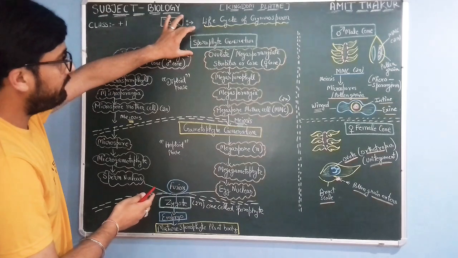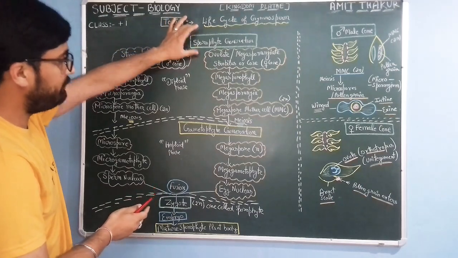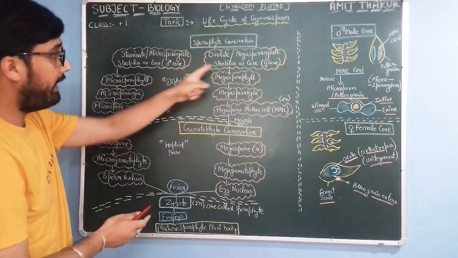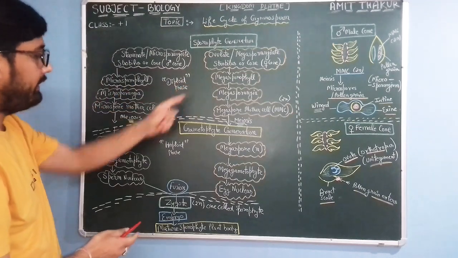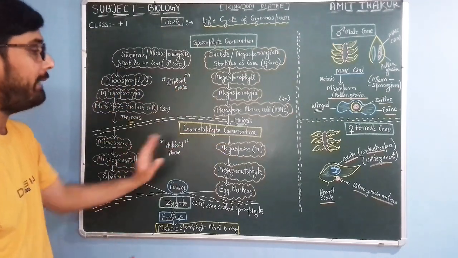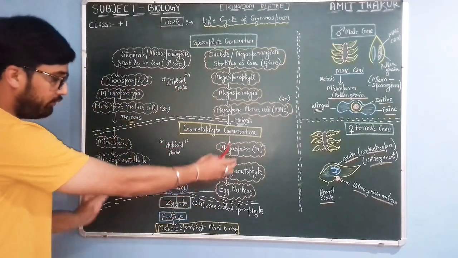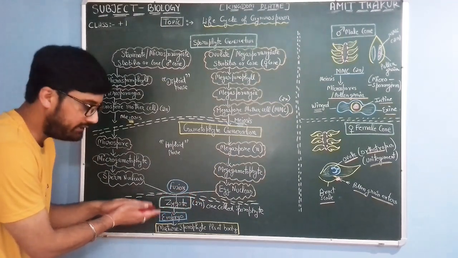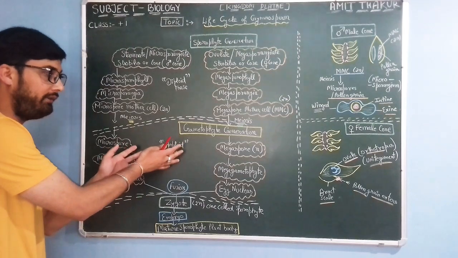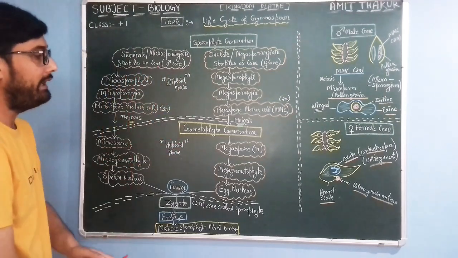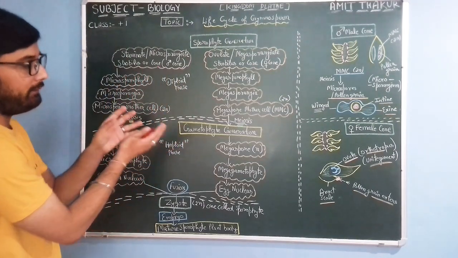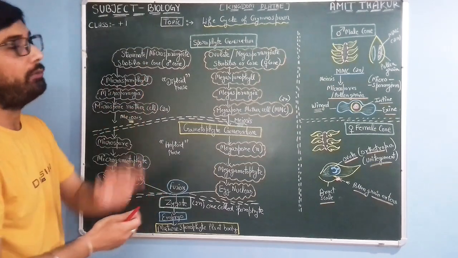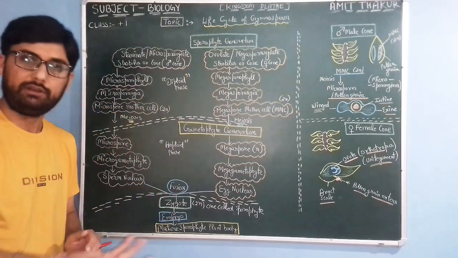This is the sporophytic phase or sporophyte generation, which is diploid. Everything is diploid over here, and this gametophytic generation is haploid. When they fuse, again they form a diploid zygote. This gametophytic phase is dependent on the sporophytic phase for nutrition.